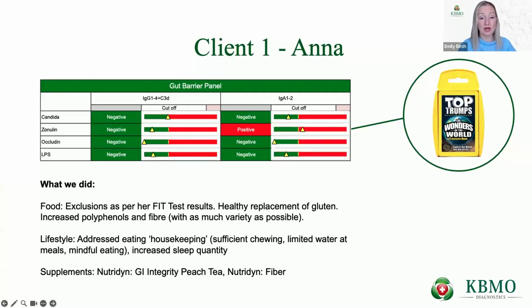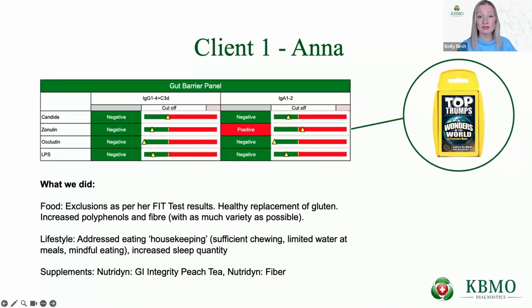In terms of lifestyle, she already said her lifestyle was very good, her stress was low. However, we did address that eating housekeeping. So making sure that she was chewing sufficiently, limiting water at meal times, mindful eating, that sort of thing, and really focusing where she could on increasing sleep quantity.